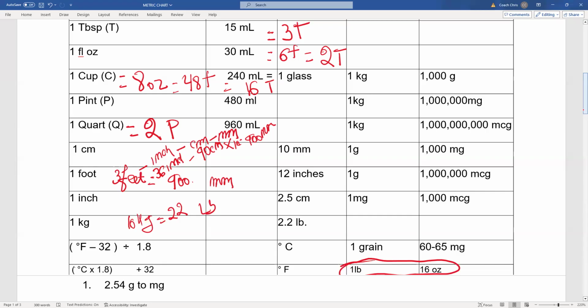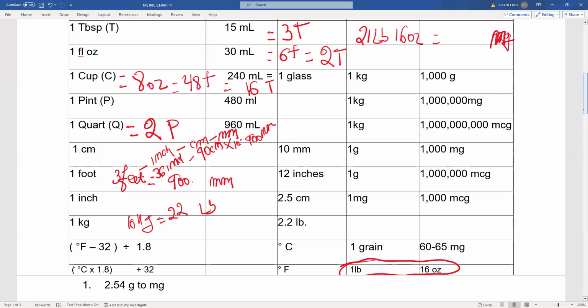So let's drive you crazy a little bit. So let's talk about this. Let's say they give you 21 pounds and 16 ounces, and they ask you to convert this to kilogram. Well, you can go crazy. Even say, let's don't talk about kilogram, let's talk about milligram.